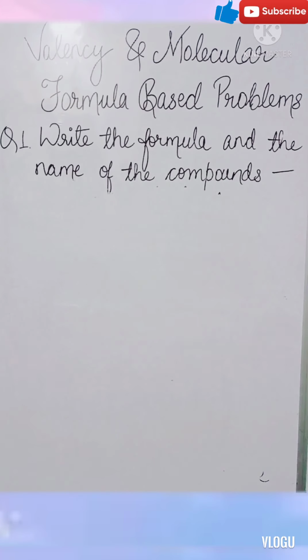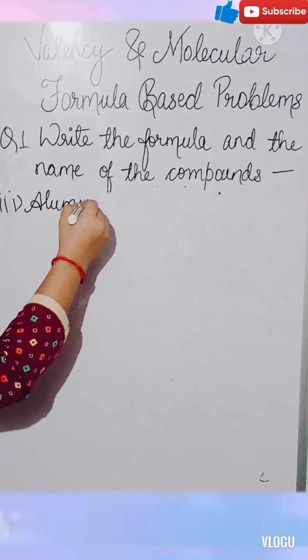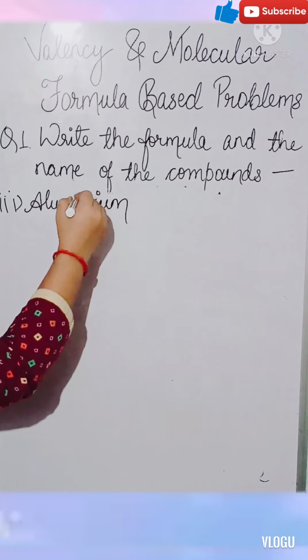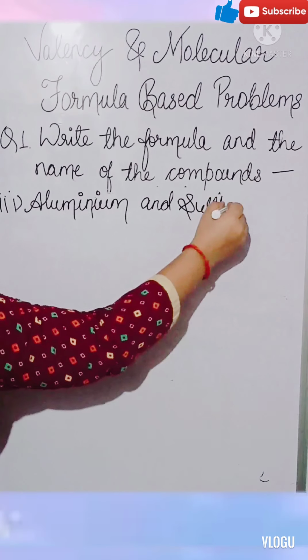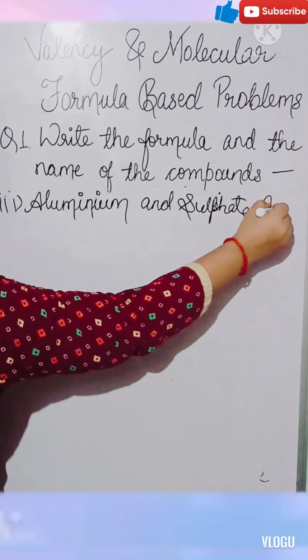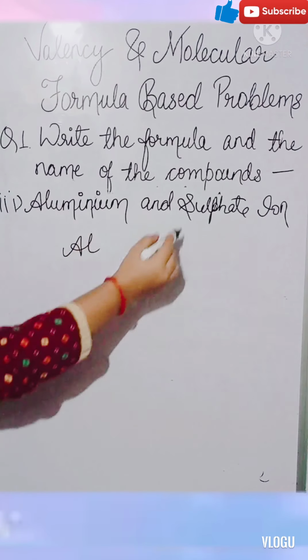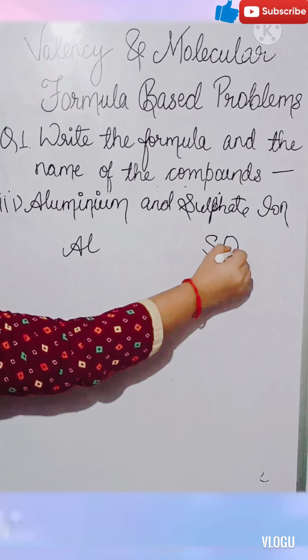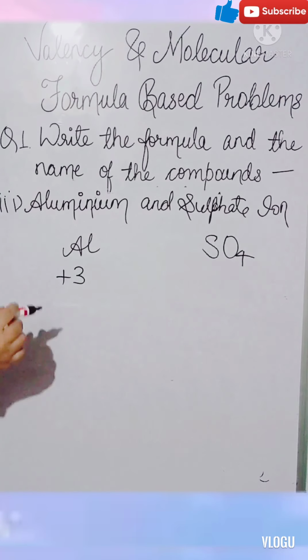So our next question is aluminium and sulfate ion. So the symbol for aluminium is Al and the symbol for sulfate is SO4. Now the valency of aluminium is +3 and that of sulfate is -2.